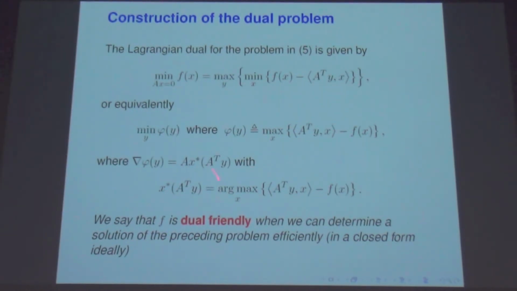The interesting thing here is that by Demyanov's theorem, we know that the gradient of this dual function is just A times x star, where x star is the solution of the local sub-optimization problem at a certain value of the dual variable y.